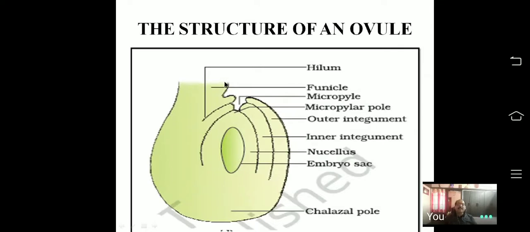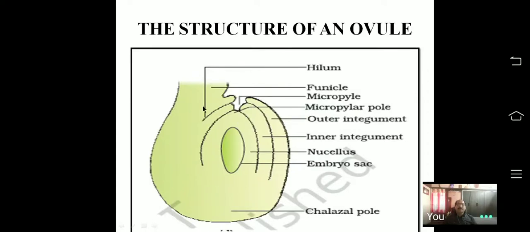This is the structure of the megasporangium. This is the stalk of the ovule through which it is attached to the wall of the ovary, called the placenta. This stalk is called funicle.